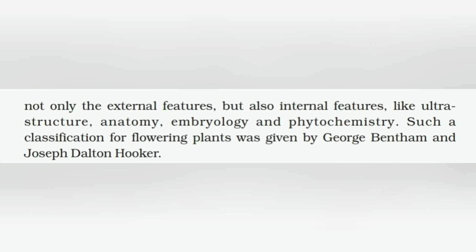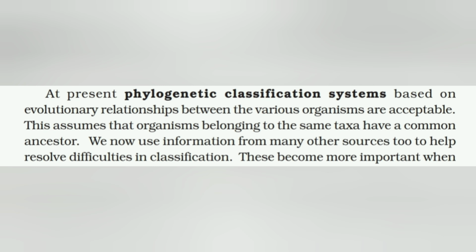Hence, this classification is also known as Bentham and Hooker's classification. Other than this, Eichler's plant classification is also well known. At present, the phylogenetic classification system, based on evolutionary relationships between the various organisms, is acceptable. This assumes that organisms belonging to the same taxa have a common ancestor.